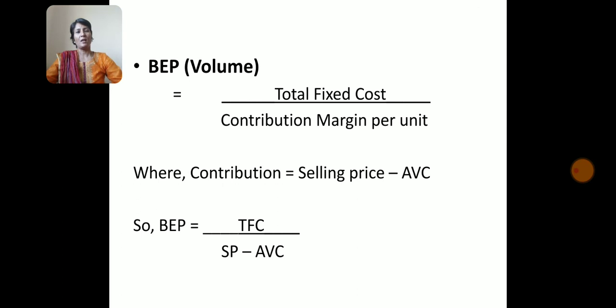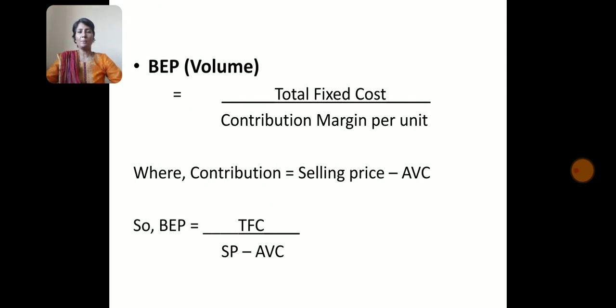Now let us see how to calculate break-even point. As said earlier, break-even point can be calculated either in terms of units or in terms of sales value. First let us see how BEP is calculated in terms of volume, that is units.